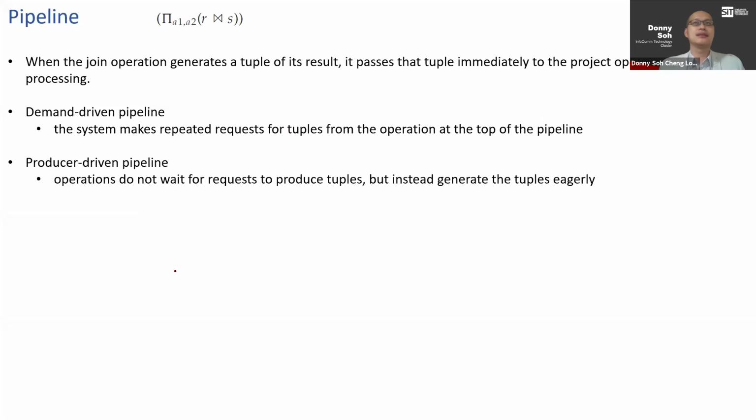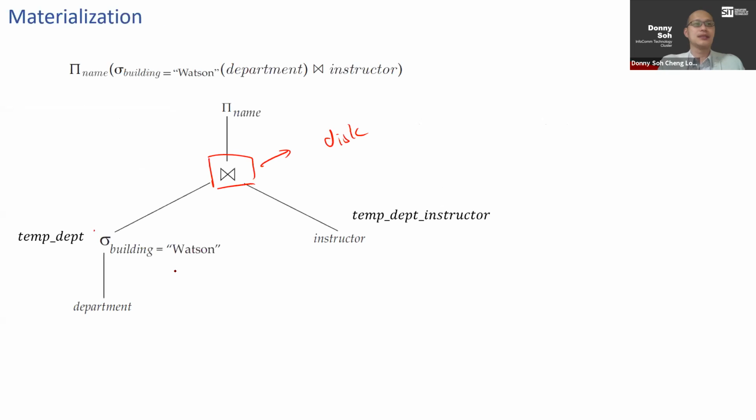Pipeline is usually done with the project operator, or even the sigma operator. So this is a materialized join, and this can be a pipeline.